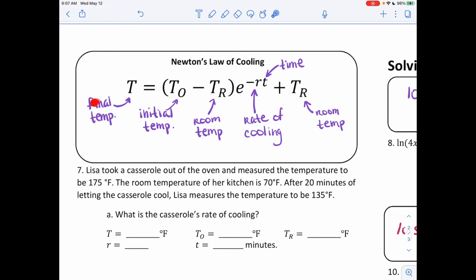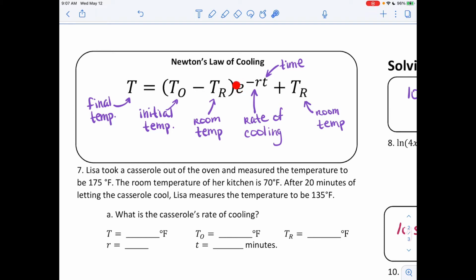So your final temperature, and you do want to go ahead and take some time to label these. Your final temperature is just a plain capital T. Your initial temperature is T with a subscript of 0, typically said as T naught. The temperature of your room is T with a subscript of R. So notice you're starting with an initial temperature and you're subtracting the room temperature, which is going to be a cooler temperature.